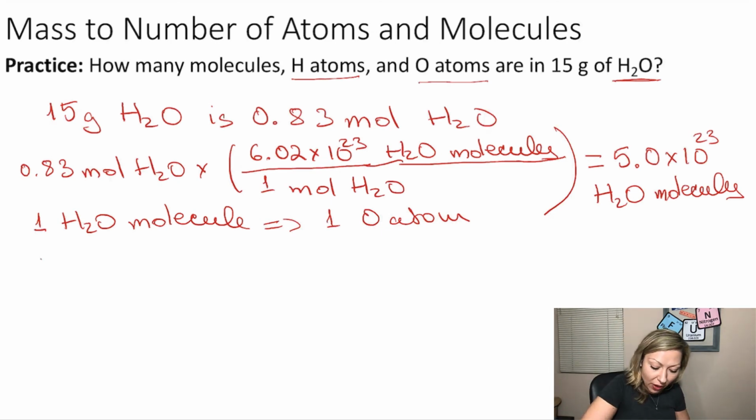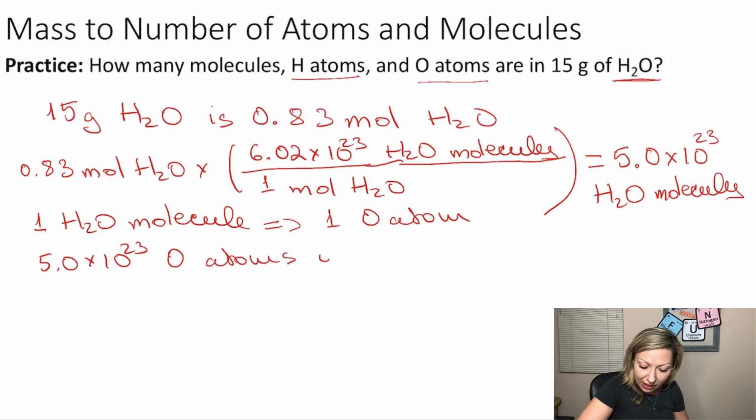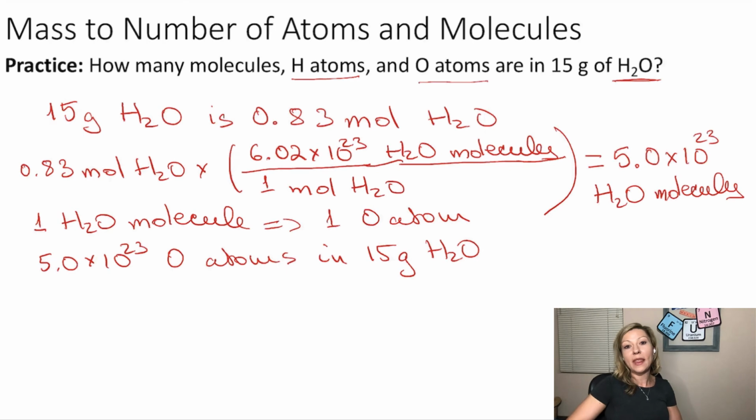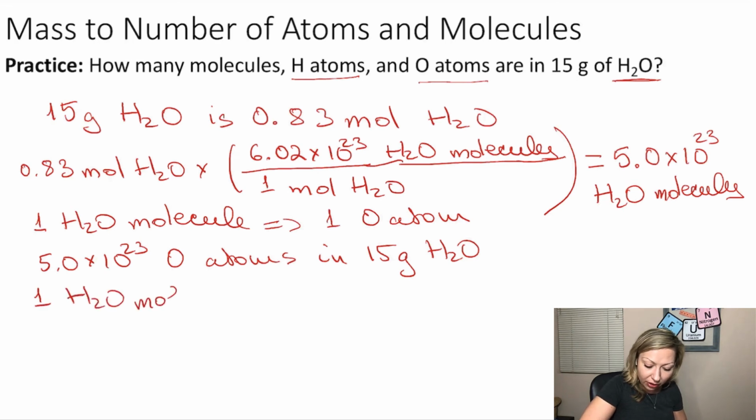So I'm going to have 5.0 times 10 to the 23rd oxygen atoms in 15 grams of H2O. All right, how about the number of hydrogen atoms? So in one H2O molecule, I'm going to have 2 hydrogen atoms.